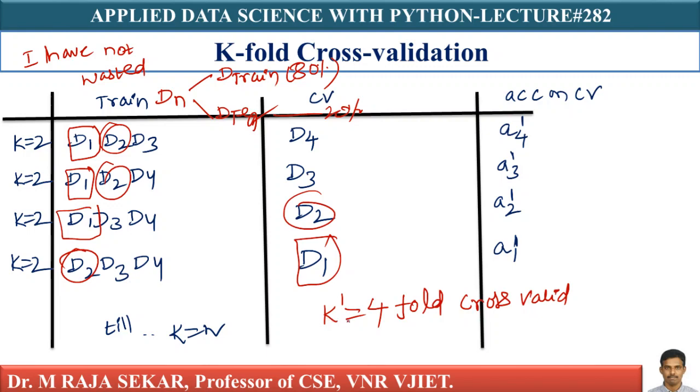Therefore it is K dash equal 4-fold cross validation, because every time to arrive at the accuracy you are repeating the same thing. How many times? 4 times, first time, second time, third time, 4 times. This is called 4-fold cross validation.